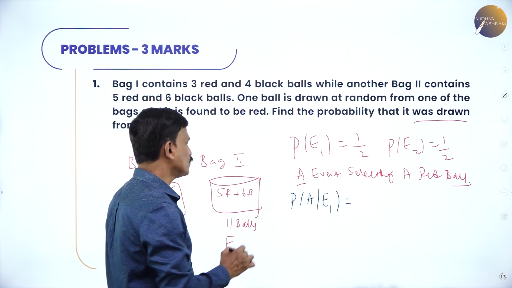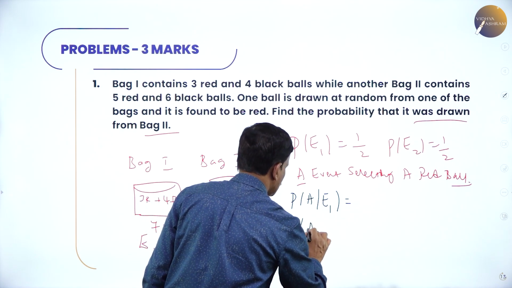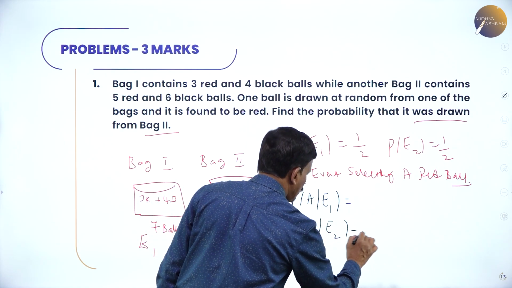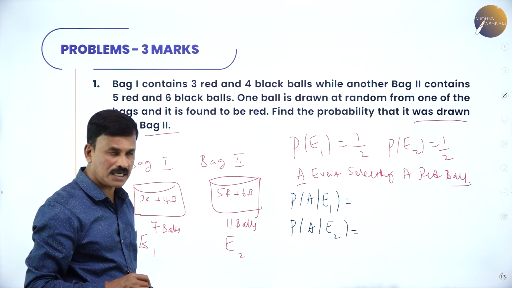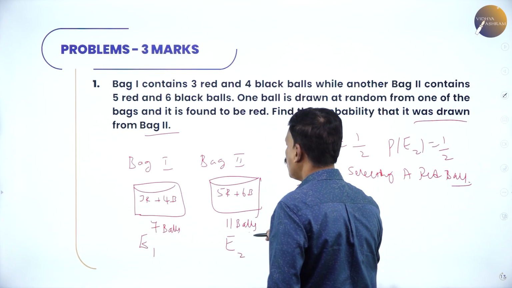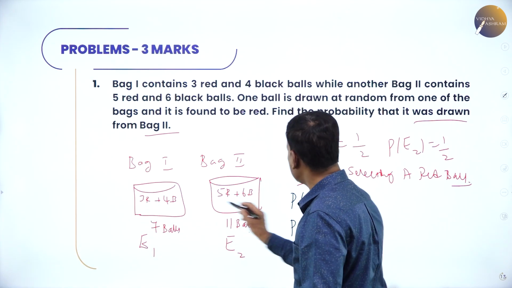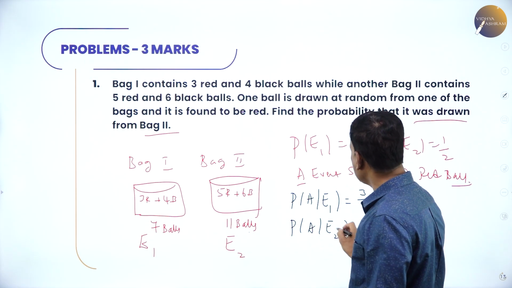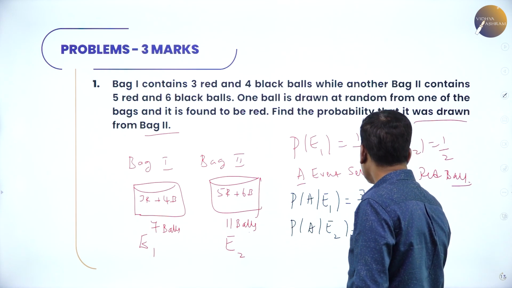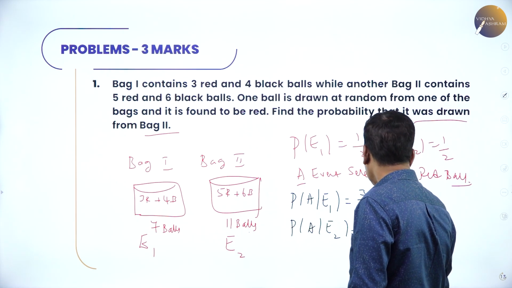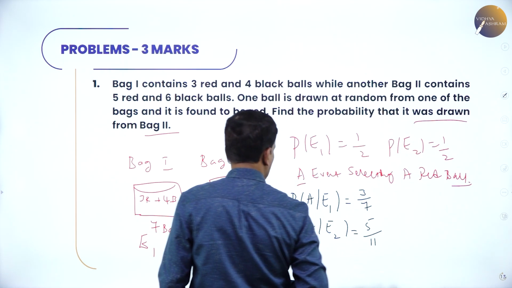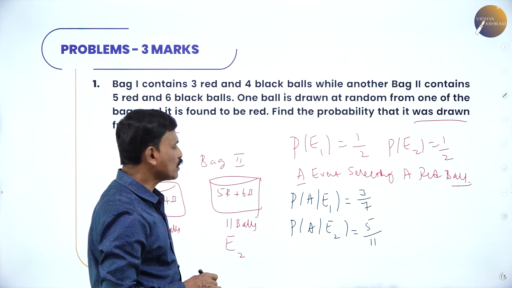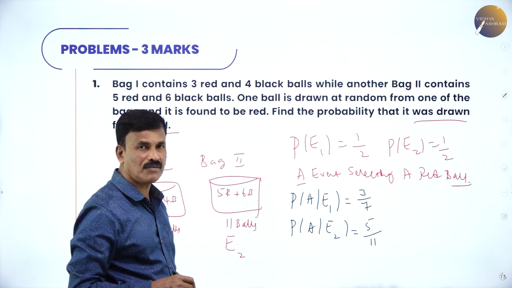Probability of A by E1. Similarly, the probability of selecting a red ball from bag 2. In bag 1, how many red balls are there? 3 red balls, totally 7, so 3 by 7. Whereas in bag 2, how many red balls are there? 5, and the total number of balls is 11. So probability of A by E1 is 3 by 7 and probability of A by E2 is 5 by 11.